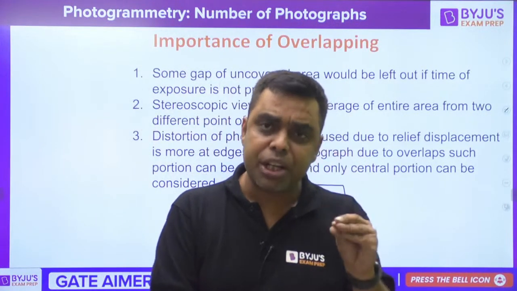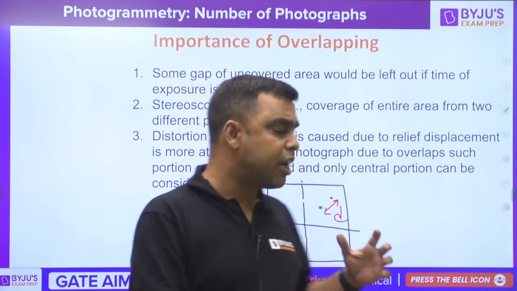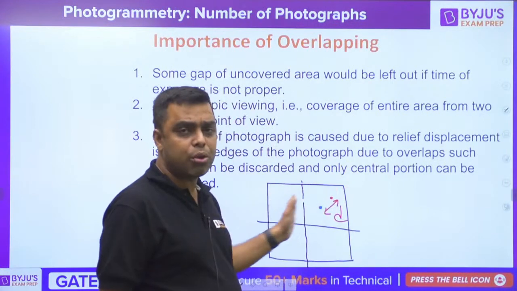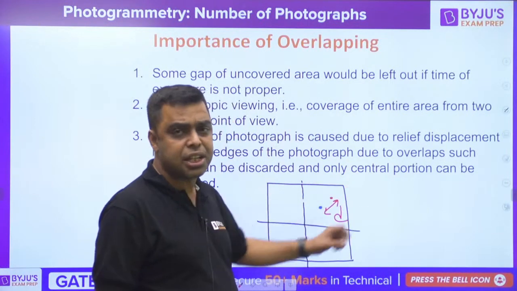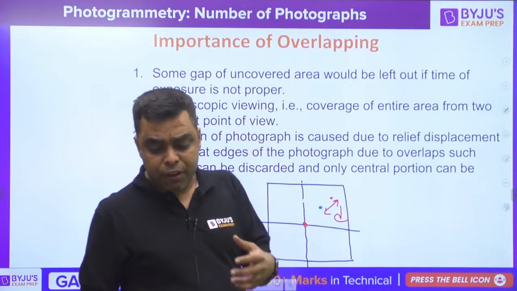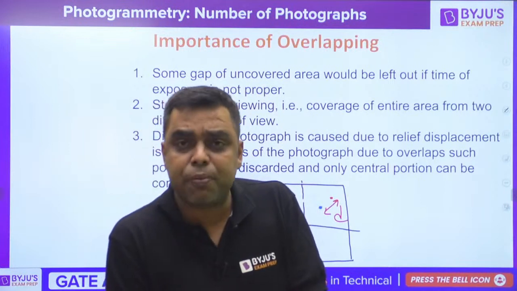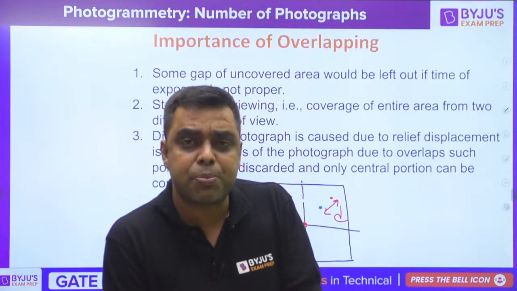Now guys, the point is this: relief displacement is very significant when the point is radially at a distance from the principal point. This is called the principal point. If there is more distance from the principal point, then the relief displacement is more.